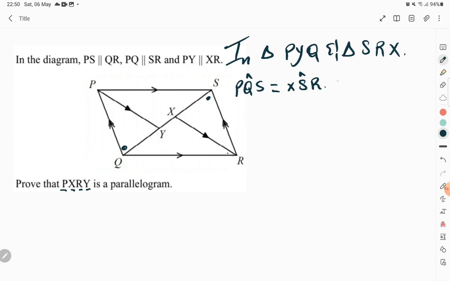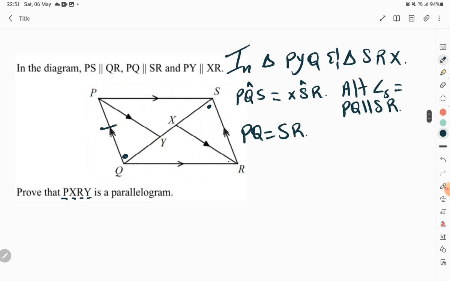Now the reason is these are alternate angles, which are equal because PQ is parallel to SR. Now what else do we have? PQ is equal to SR, which is this side is equal to that side, and the reason is these are the opposite sides of a parallelogram.